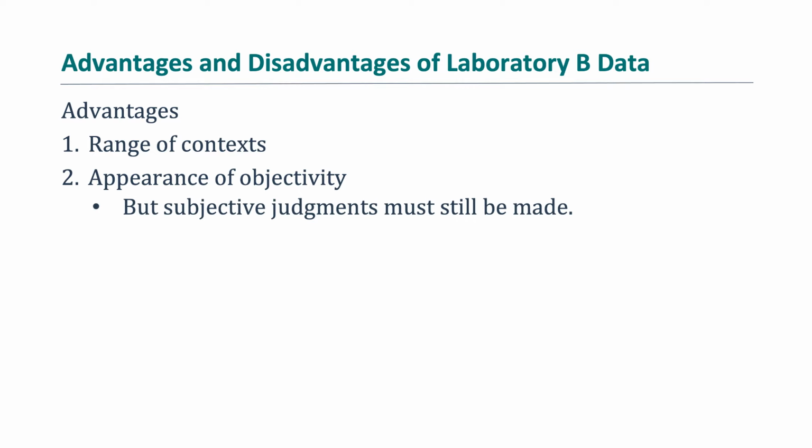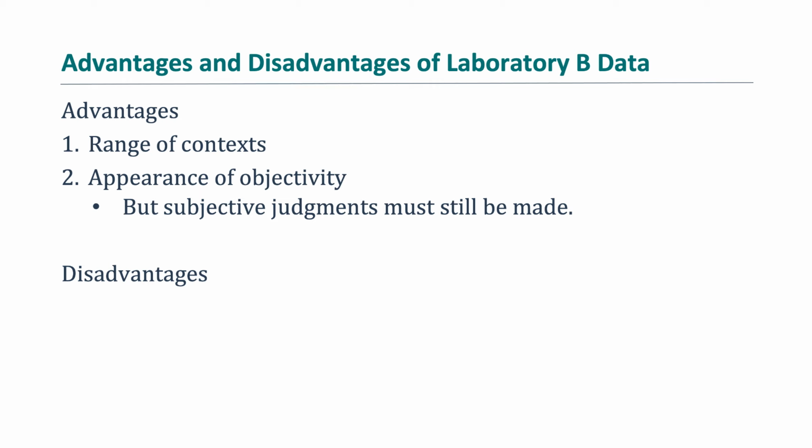But subjective statements must be made, right? That's important, and so subjective statements decide which behaviors to observe and how to rate them. And so when we're doing a laboratory experiment, we have to be subjective about the judgment, and we have to make sure that we're certain we're interpreting that data in a certain way.